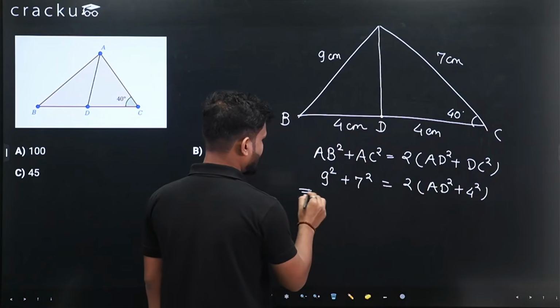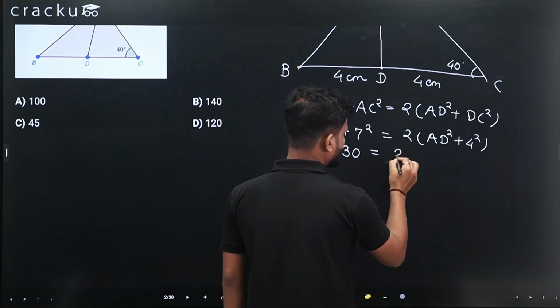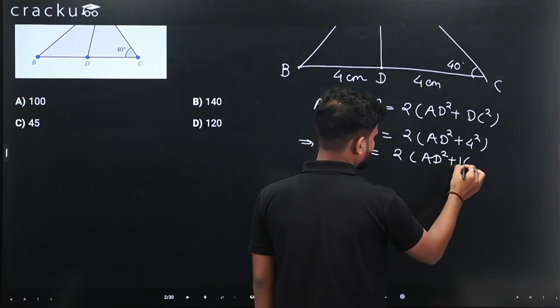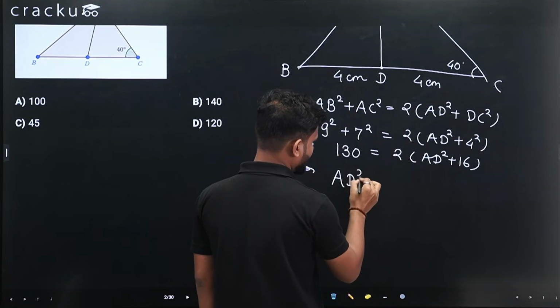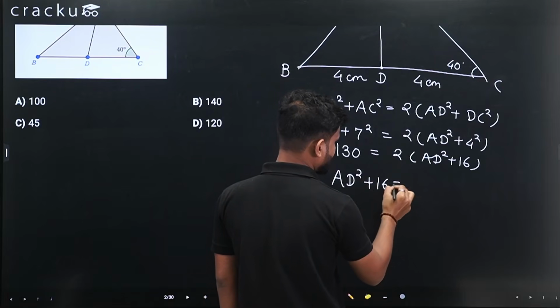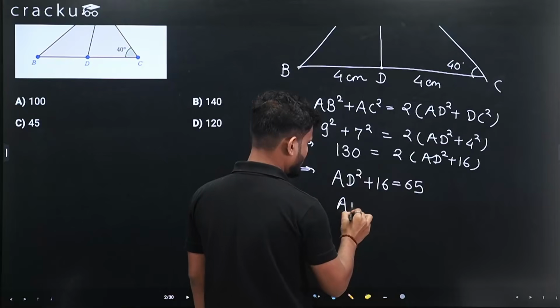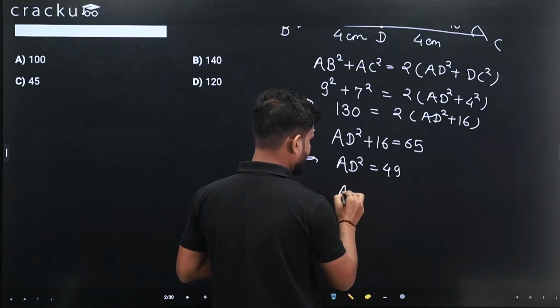From here you get 130 is equal to 2 into (AD square plus 16), or AD square plus 16 is equal to 65, or AD square equal to 49, or from here I get AD is equal to what?